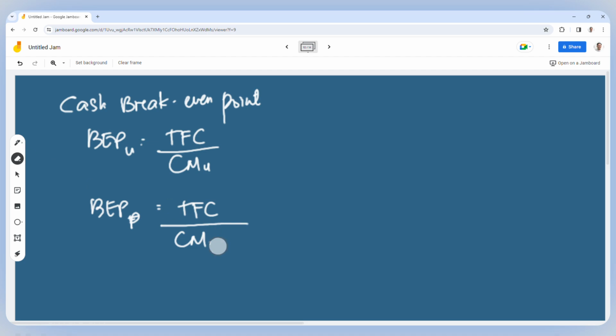Okay. Ito class bago na, no? Ibig sabihin, yung ating cash break-even point, no? Ano class ang formula? In terms of units, total fixed cost class, pero babawasan natin yung non-cash transaction.